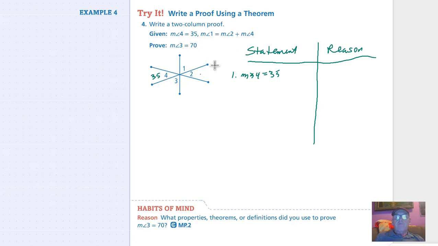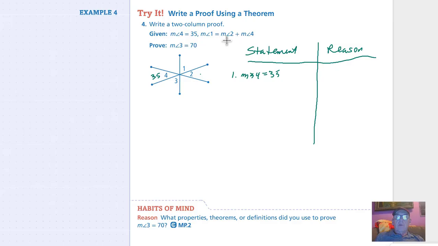Now, by vertical angles, angle 2 is going to be 35 degrees. So 1 is going to be 35 plus 35. 1 is going to be 70 degrees. And then by vertical angles, 3 is going to be 70 degrees. So that's the way this proof is going to need to go.